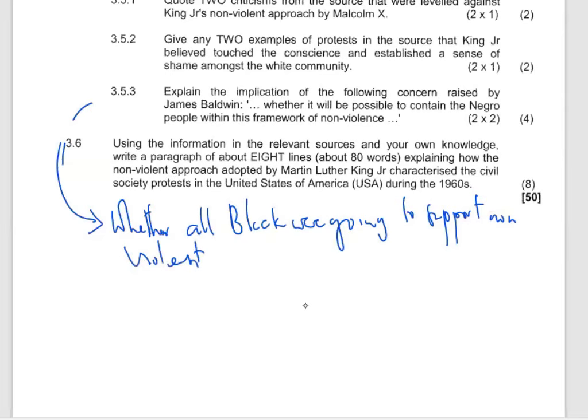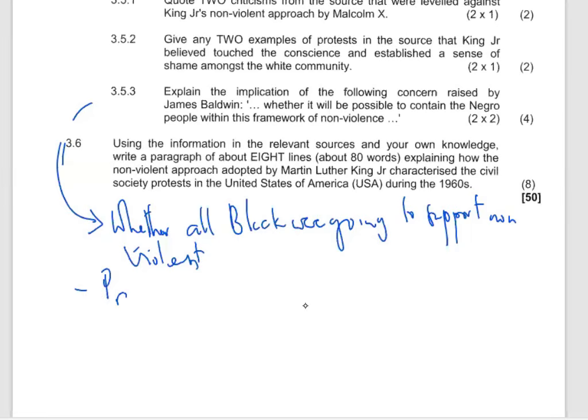It's an inquest. It's trying to figure out or trying to justify if all blacks were going to support the idea of non-violent protests. Whether it was possible to contain the Negro people within this framework of non-violence. Was it possible that all the Black people were going to support non-violent protests?